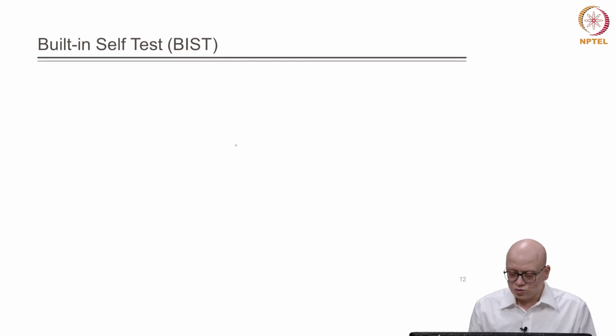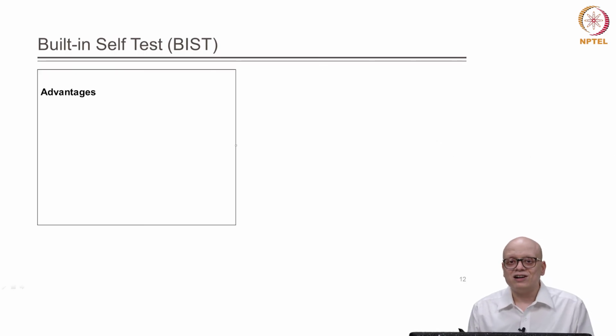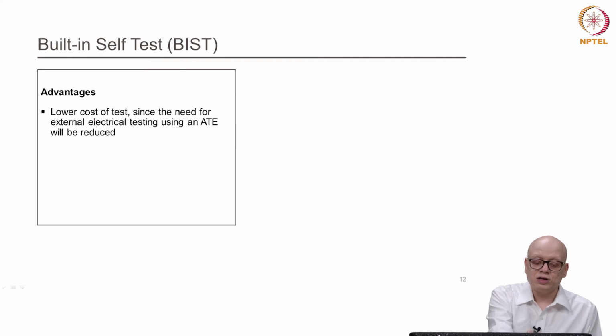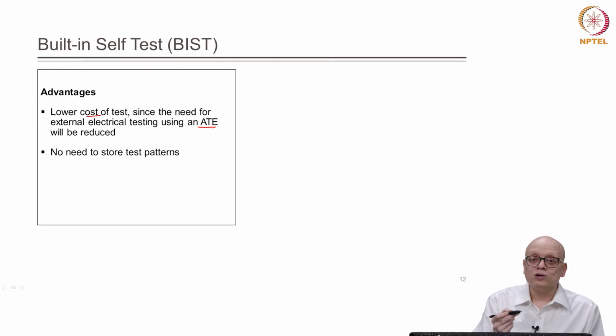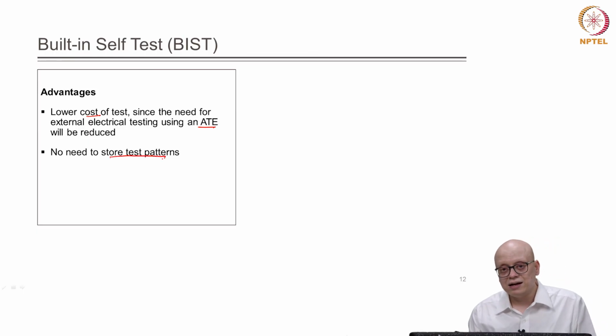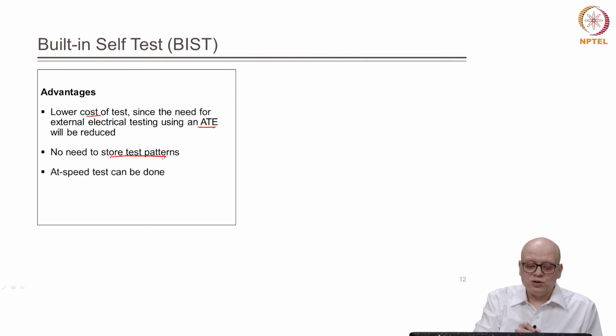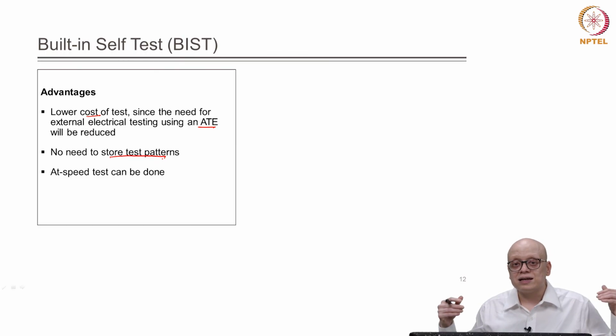Now, let us look into what are the advantages and disadvantages of BIST based testing. So, the advantage is that it reduces the cost because we do not need expensive automatic test equipment, and we also need not store test patterns because we are generating them using a test LFSR, right. And then we can do at-speed testing in the BIST based method because we need not interface external signals for testing.